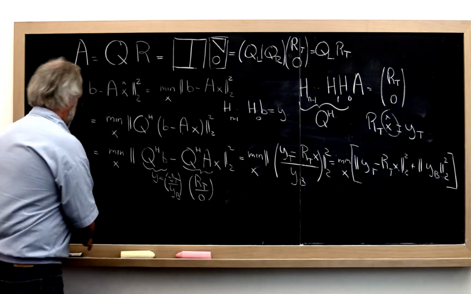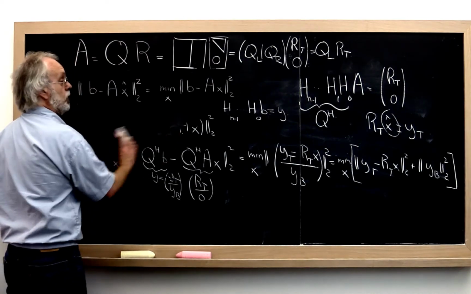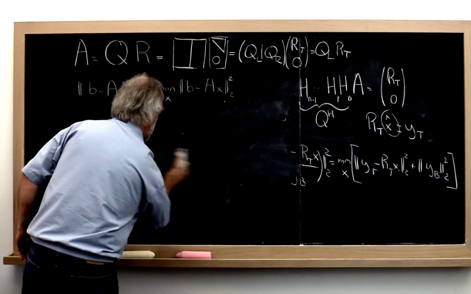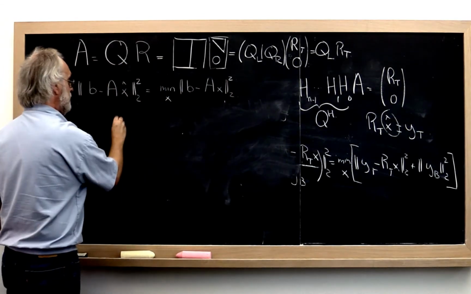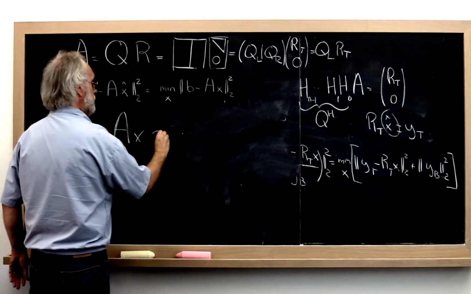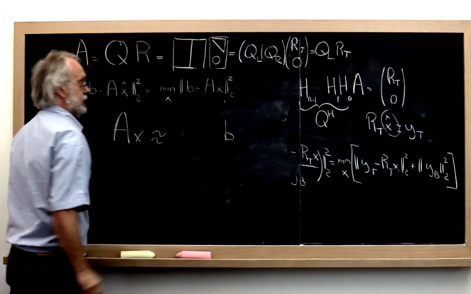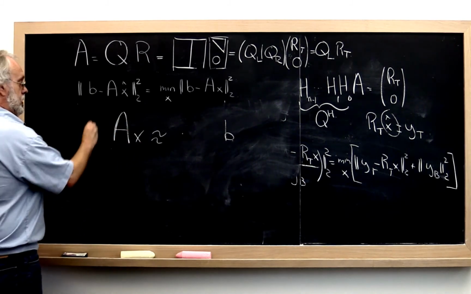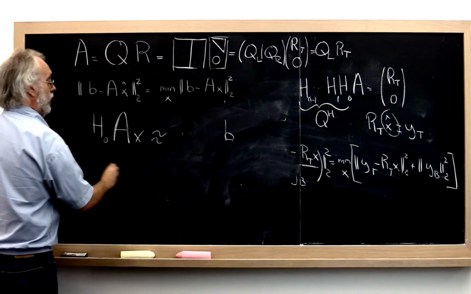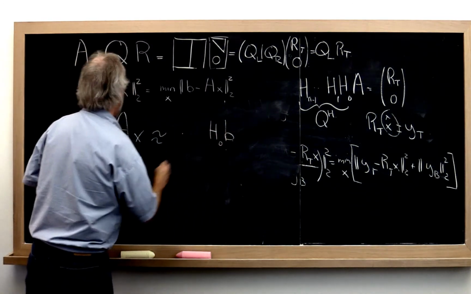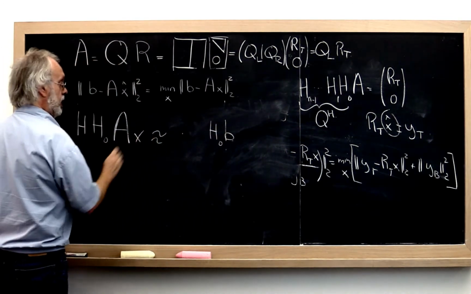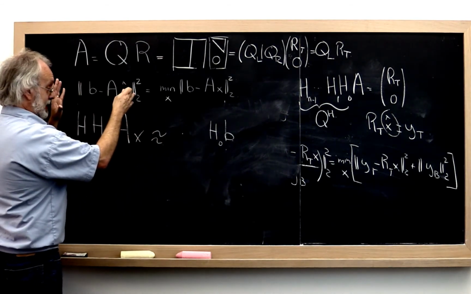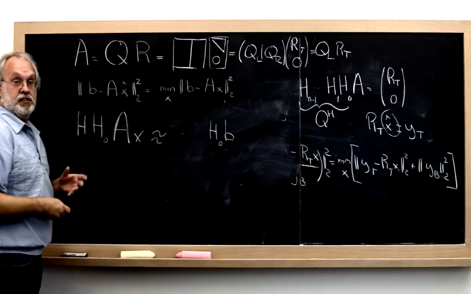Here's another way of looking at it, now that we've had this insight. If you start by considering A x approximately equal to b, what I can do is apply the Householder transformations on both sides, and this approximately equal continues to exist, and notice that the lengths of the vectors on both sides stay the same.